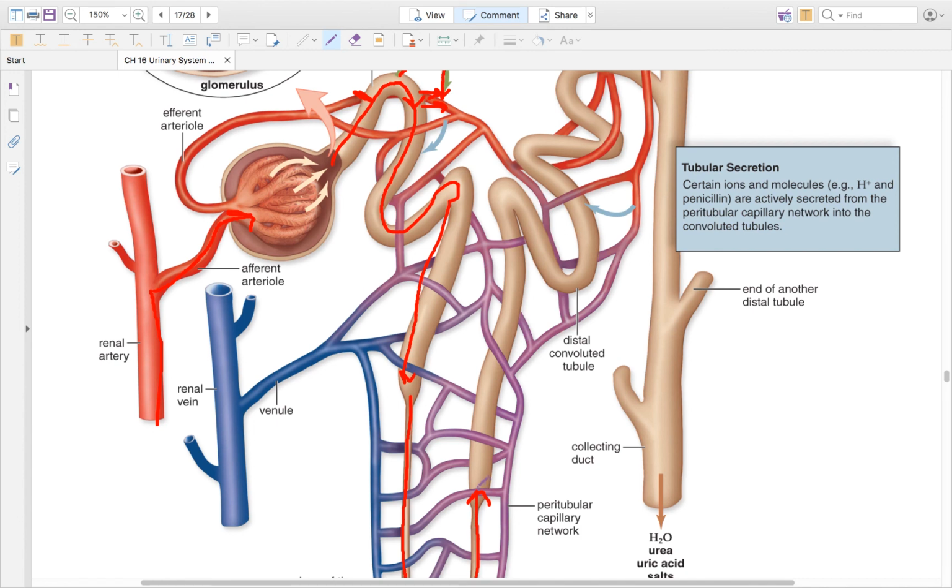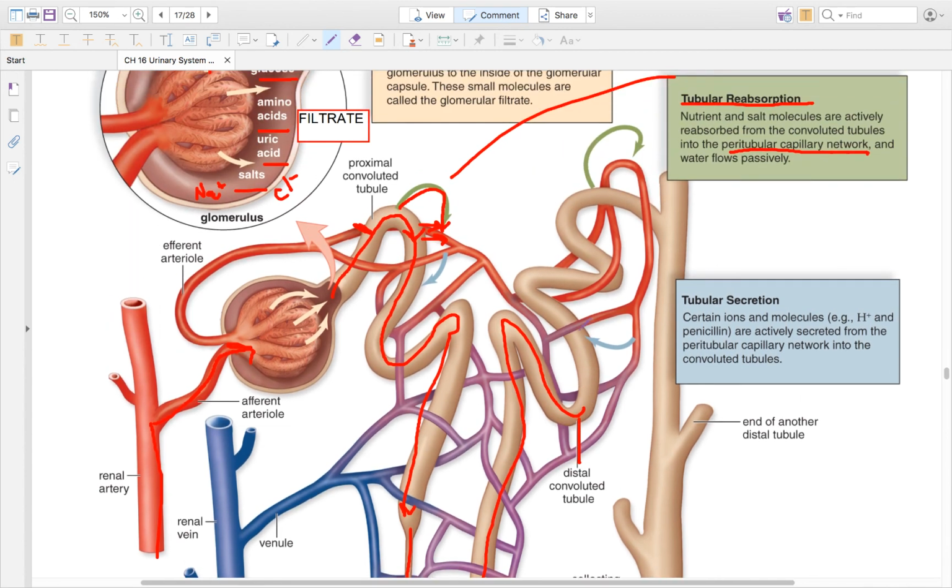And it's going to keep moving into the distal convoluted tubule. The distal convoluted tubule is where tubular secretion happens. See how this arrow is pointing from the blood to the tube? That is the direction these molecules are moving. They're going to leave the blood and enter here.